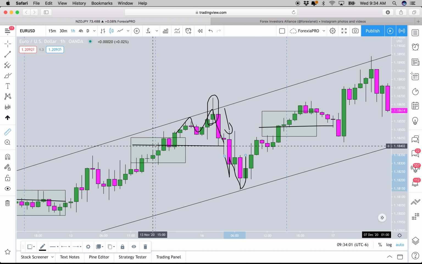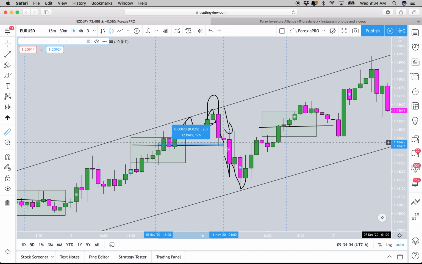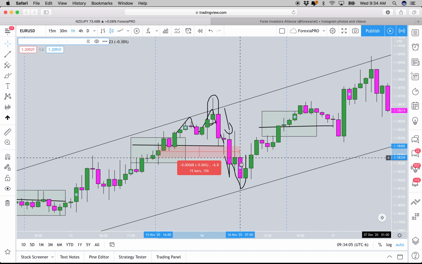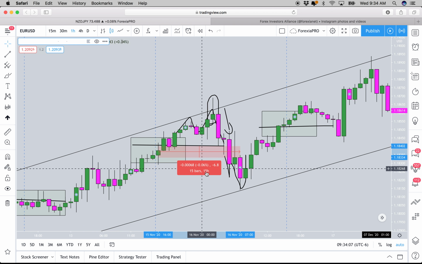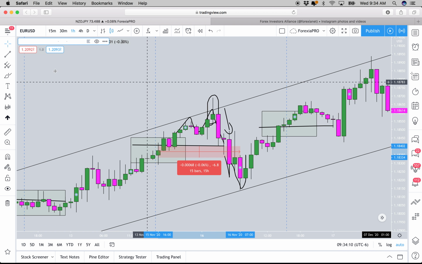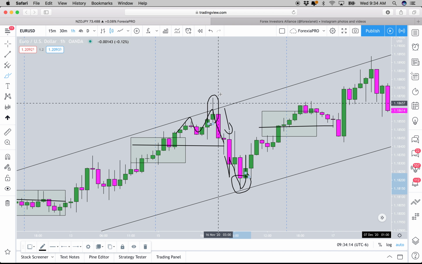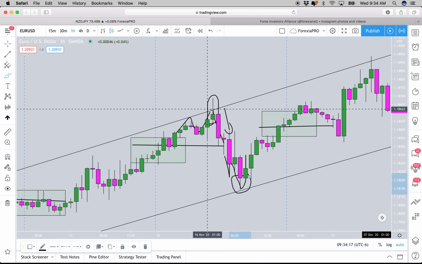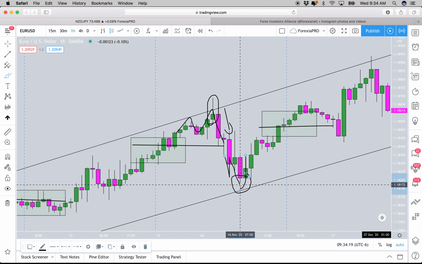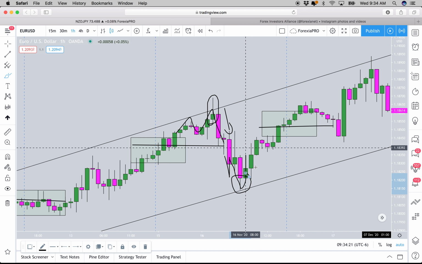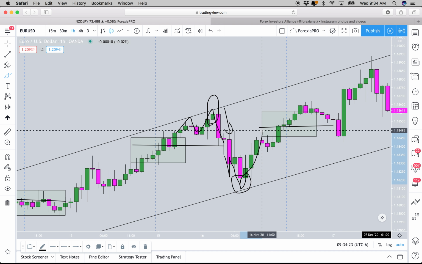Let's just double check to make sure this happened exactly 15 hours. What do you know? They created the exact low of the day and the exact high of the day, London session, the exact low of the day, New York session, and check it out, New York session, that reversal off the low to end the day in consolidation.